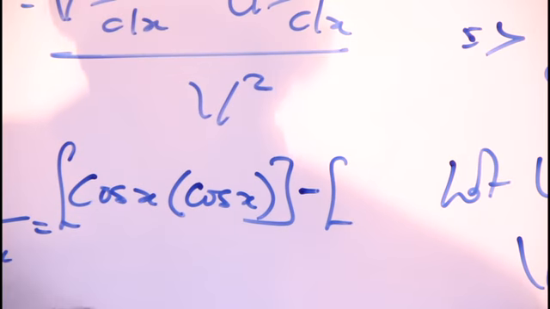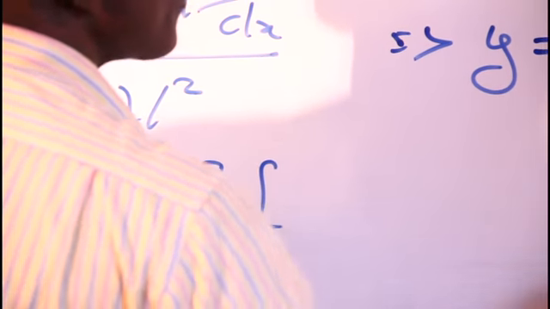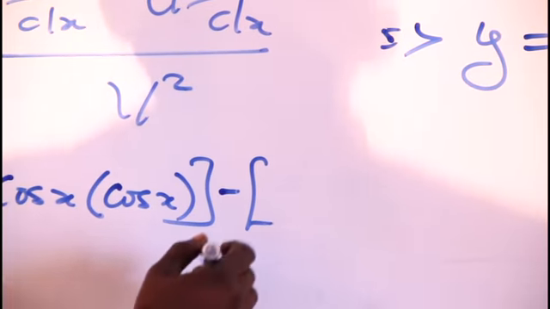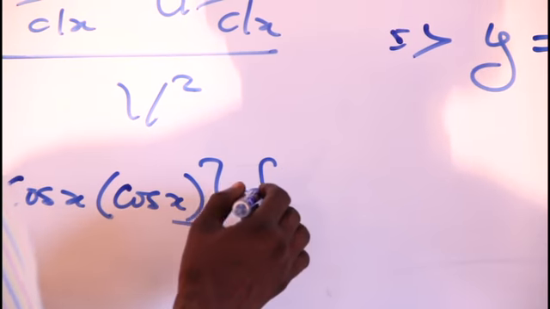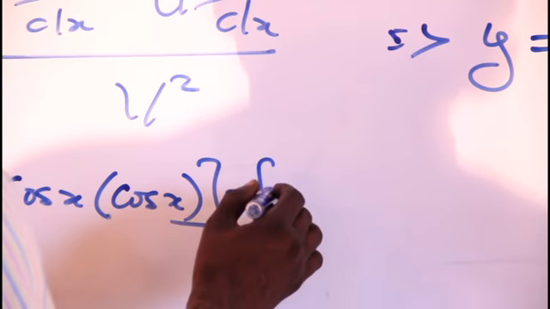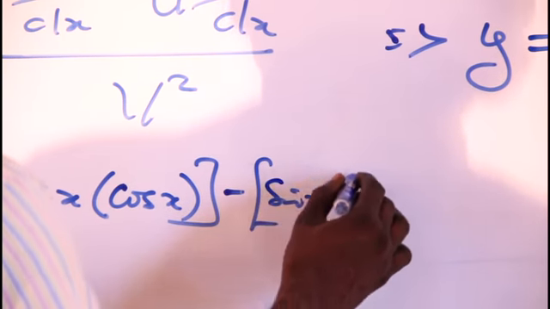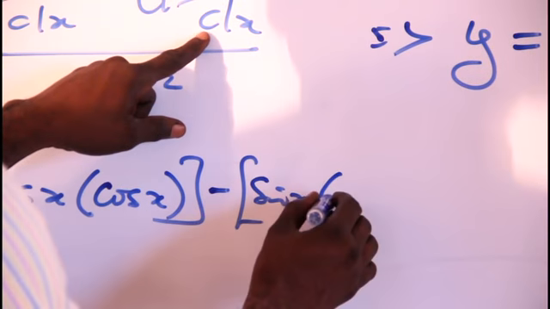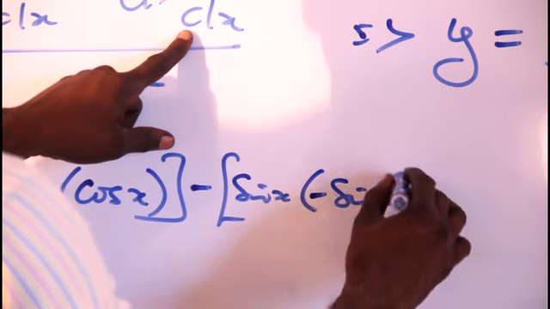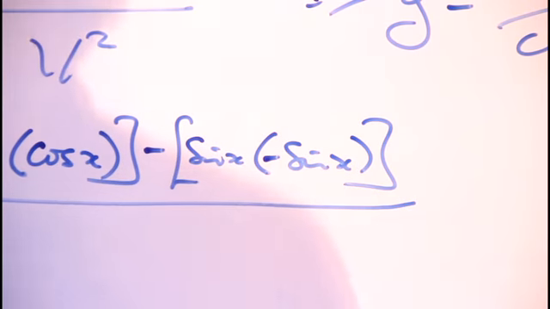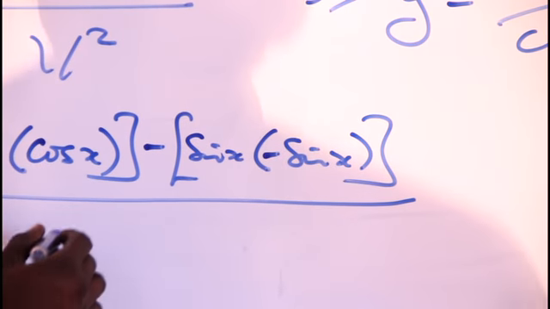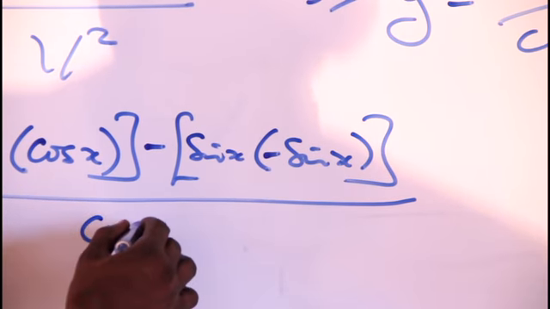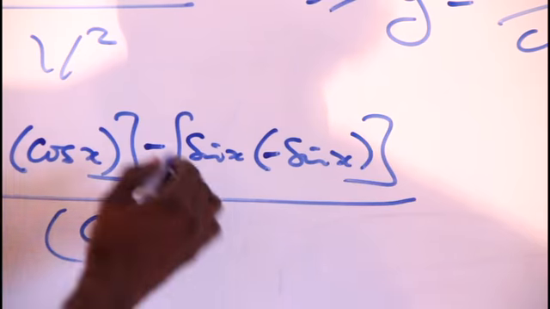So please, let's clean this. What is our u? Our u is sine x, into dv over dx, which will be minus sine x. Close it, all over v squared. That will now be cos x all squared.